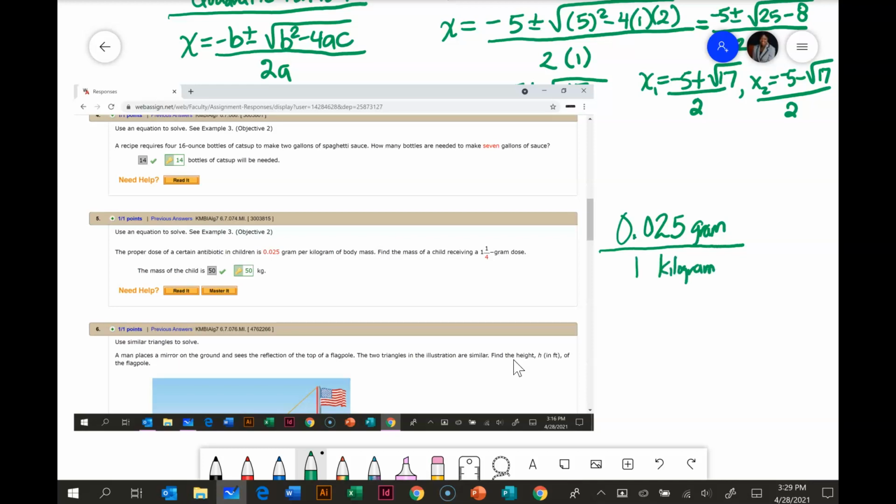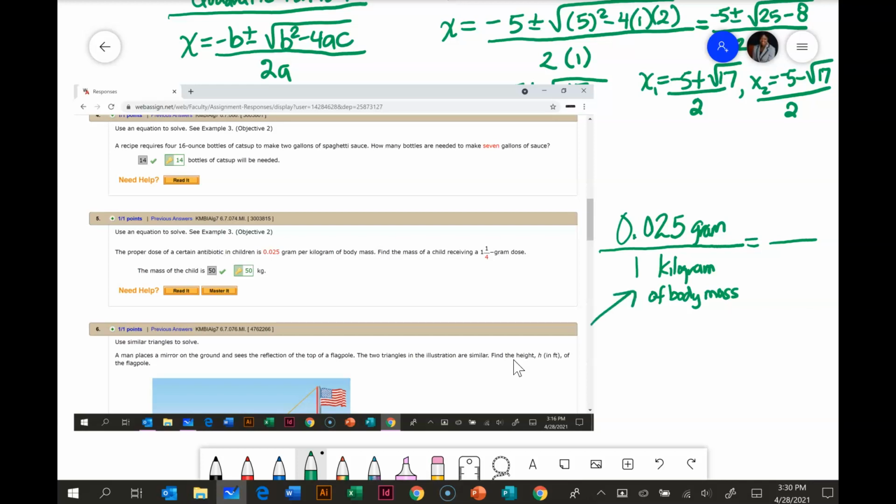And then it says kilogram of body mass. Find the mass of a child, and notice that the mass, body mass, went with the kilograms, which I put on the bottom. You may have yours in the numerator. Just make sure you keep your kilogram of body mass in the numerator if you put it in the numerator. I put mine in the denominator here.